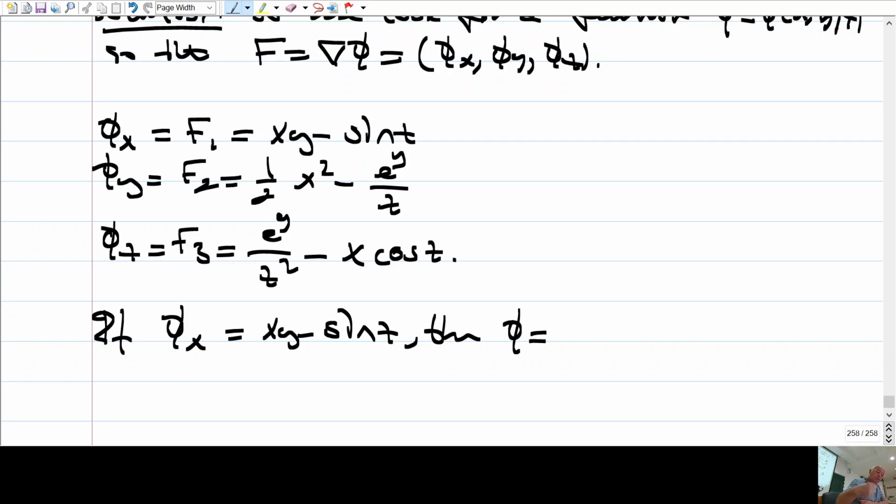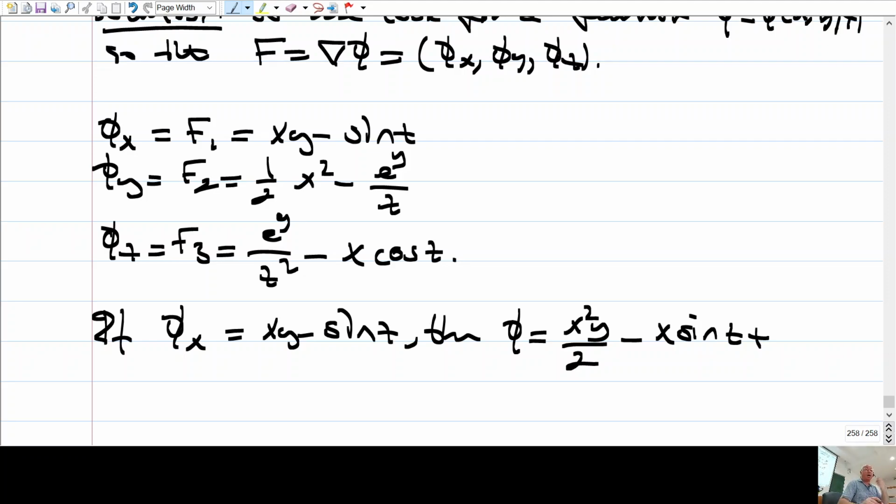So I just need to take its integral with respect to x, keeping in mind that I regard both y and z as constants. The integral of this will be just x squared y over 2 minus x times sine z plus a constant, right? If this is an antiderivative, there should be a constant.